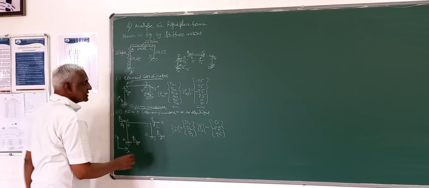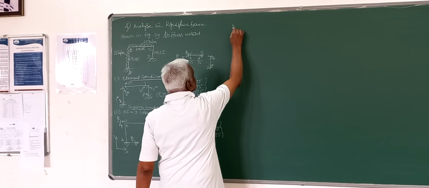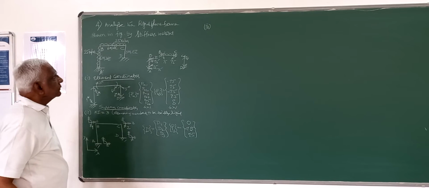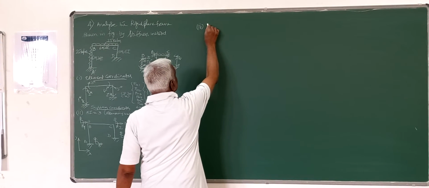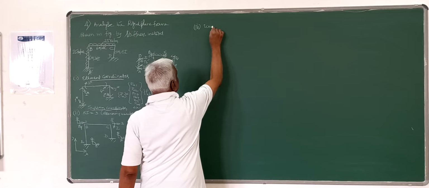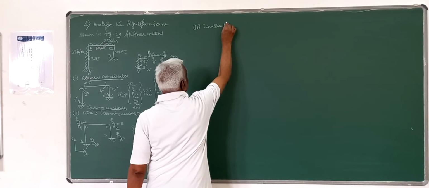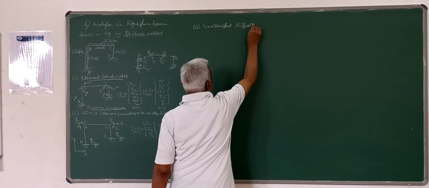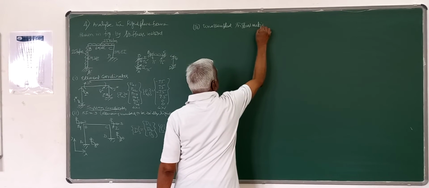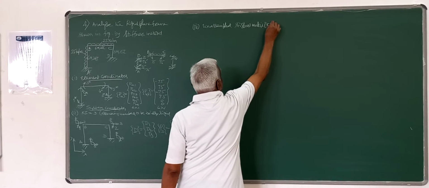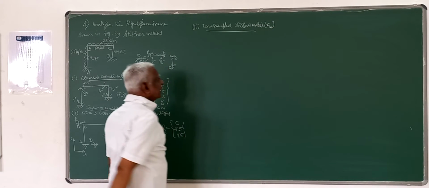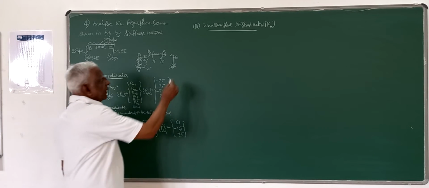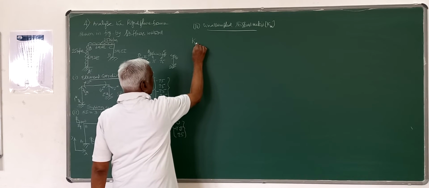Next, third step. We have to find the unassembled stiffness matrix. For that, I have to determine the stiffness matrix corresponding to each of the members with the element coordinates.